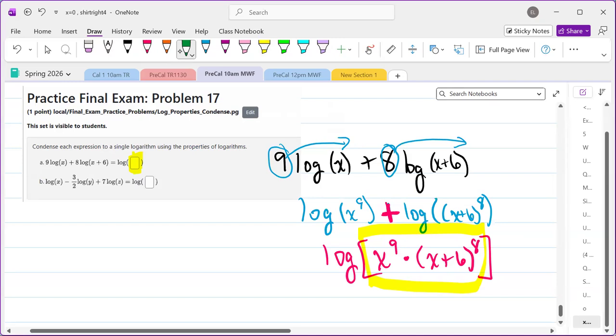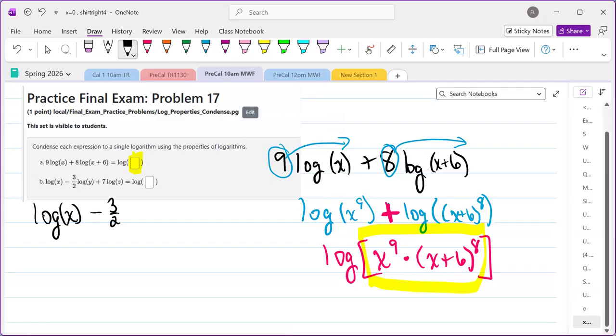All right, now our other one, we have log of x minus 3/2 log of y plus 7 log of z. So log's whole purpose in life is to take powers and bring them down.